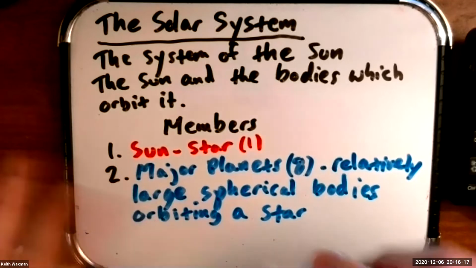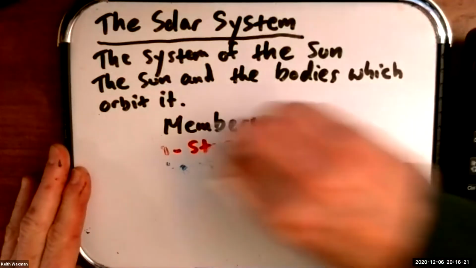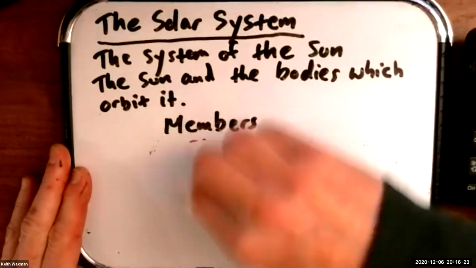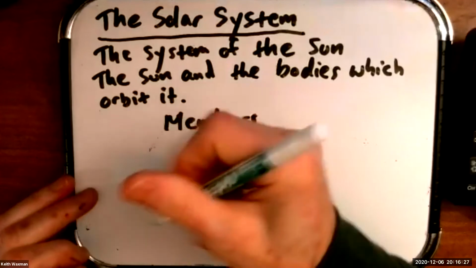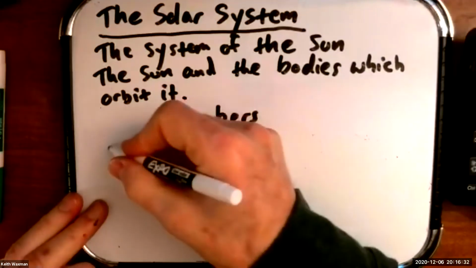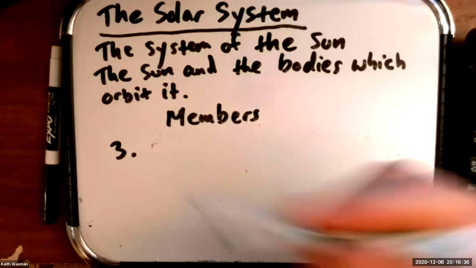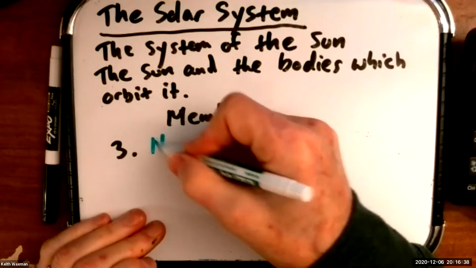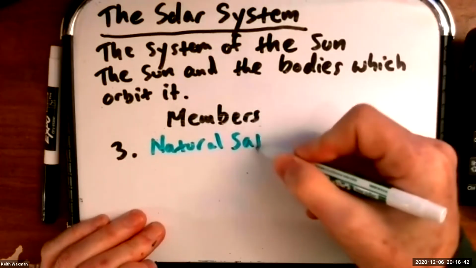Let's put number 3 down, just for some space. So number 3 on our list. What was that thing? That thing was the moon. But the moon is called a natural satellite.